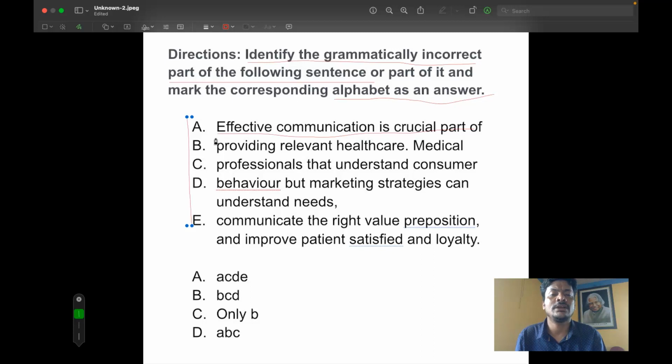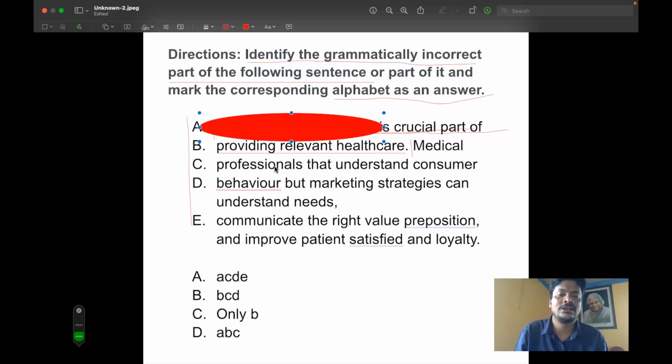The first sentence said, effective communication is crucial part of providing relevant healthcare. Now, this is the complete sentence which has been pointed out. If you look into that, it states effective communication, which is the subject of the sentence. The subject of the sentence is a singular one.